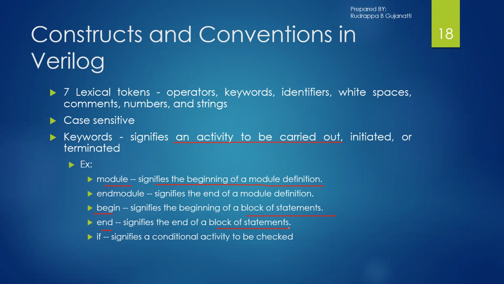Then we have if and while. While is a looping construct, and if is a conditional construct. So these are the keywords. As we go ahead, we will be learning new keywords and how we can use them in Verilog code.